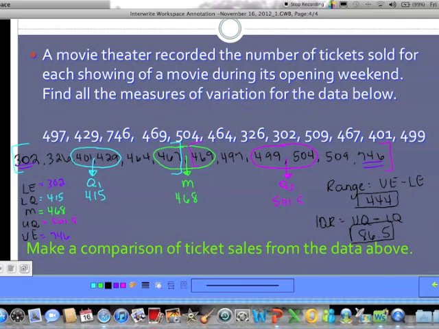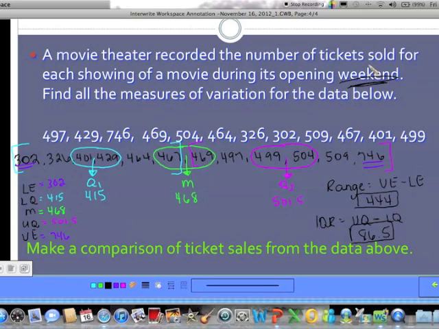And then it says, make a comparison of ticket sales from the data below. Now, it's important to remember that this was the number of tickets sold for each of the movies during the opening weekend. So not just one day, but the whole weekend.